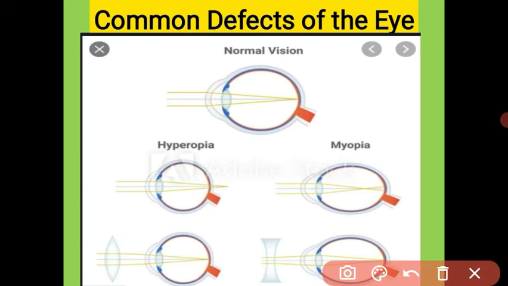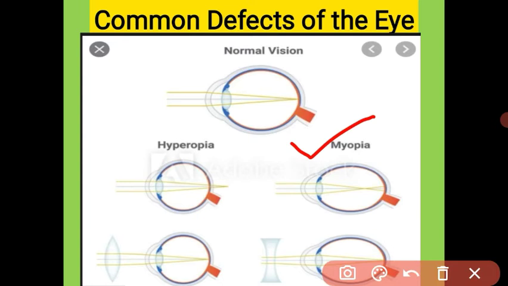And how do we correct myopia? In myopia, we use a concave lens. You know that the concave lens diverges the rays. Whenever a person is suffering from myopia, their spectacles use a concave lens. Our eye already has a natural convex lens.